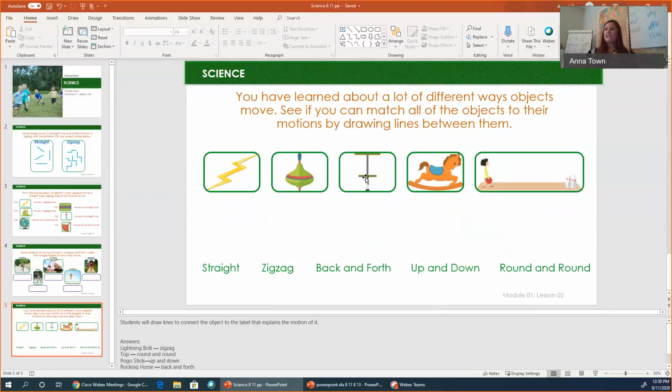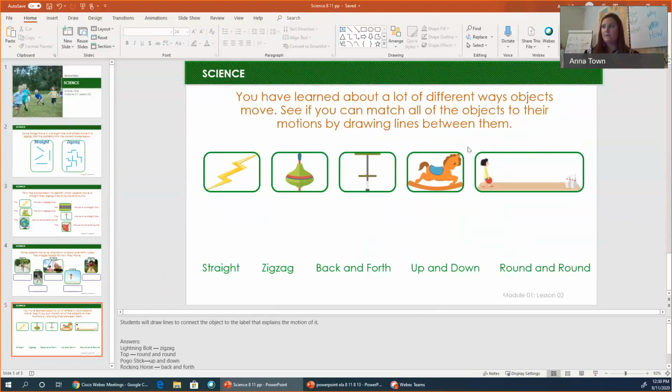This is a pogo stick. Is it straight, zigzag, back and forth, up and down, or round and round? A pogo stick is up and down. Good job.